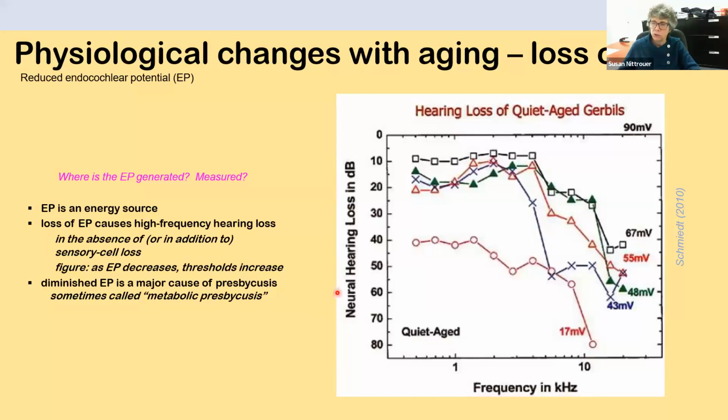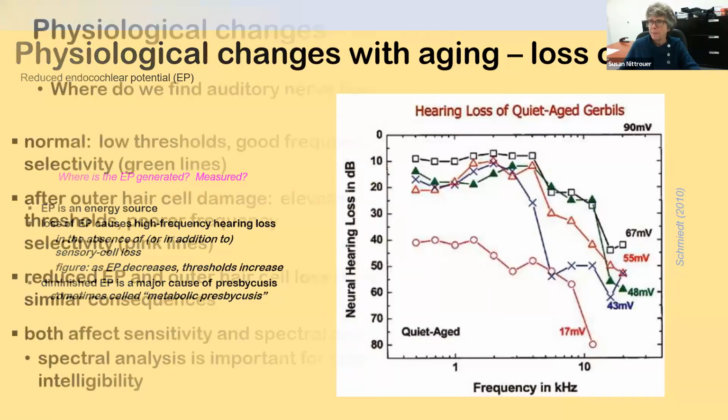Presbycusis is the term we use for age-related hearing loss, and this decline in the endocochlear potential is one reason why there is presbycusis. This is referred to as metabolic presbycusis.